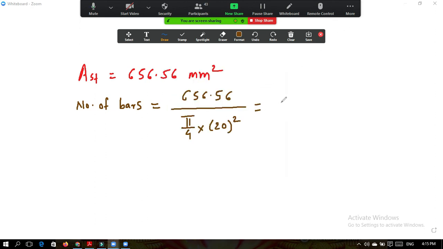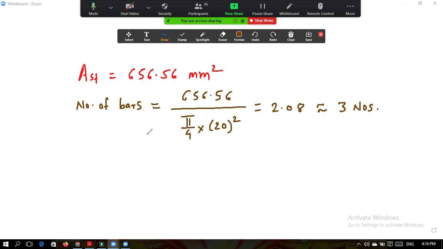The answer is 2.08, which is nothing but three numbers. We can round it up to three numbers. So we are going to provide three bars of 20 mm diameter. This is for the positive moment, so these bars are at the bottom of the beam.